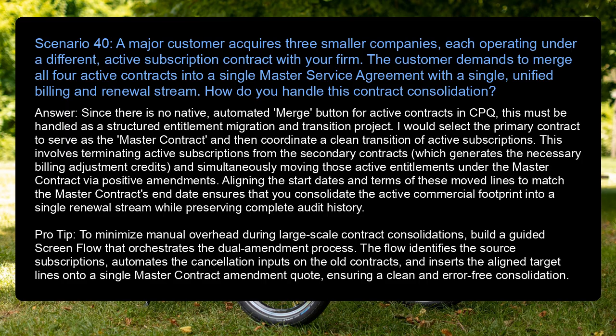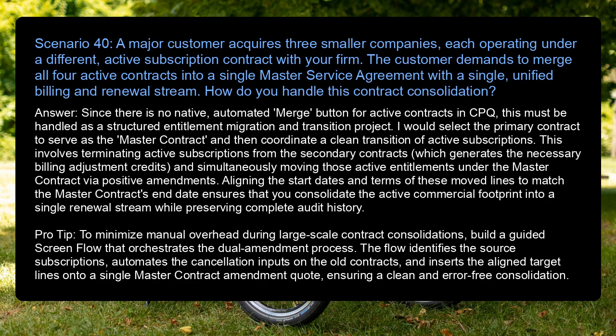This involves terminating active subscriptions from the secondary contracts, which generates the necessary billing adjustment credits, and simultaneously moving those active entitlements under the master contract via positive amendments. Aligning the start dates of these moved lines to match the master contract's end date ensures that you consolidate the active commercial footprint into a single renewal stream while preserving complete audit history.